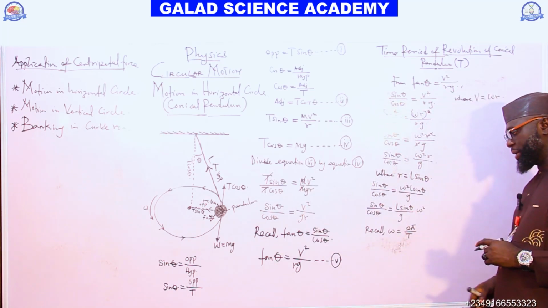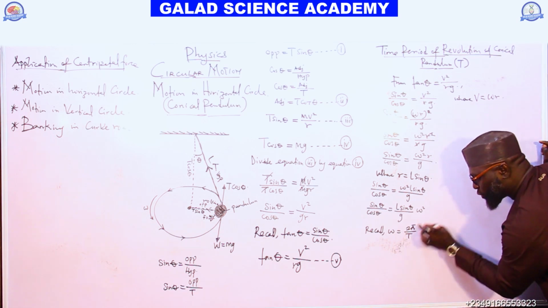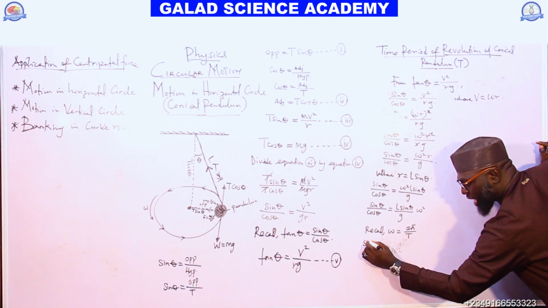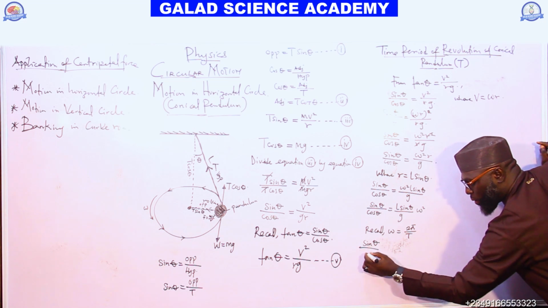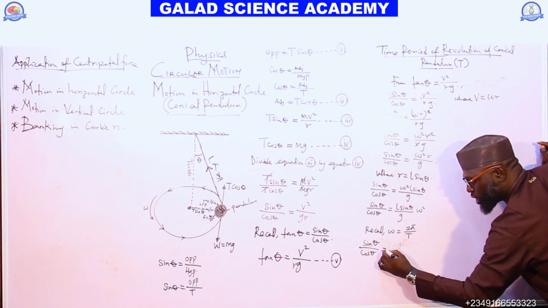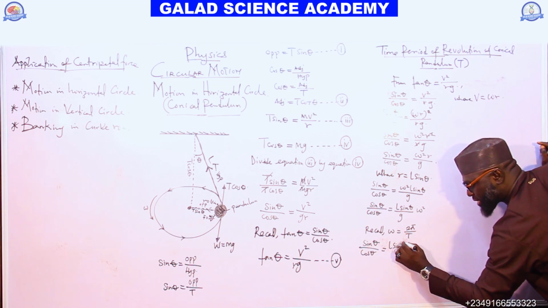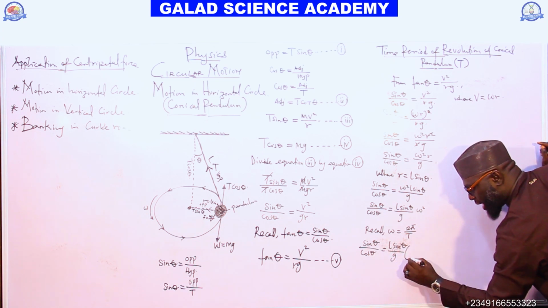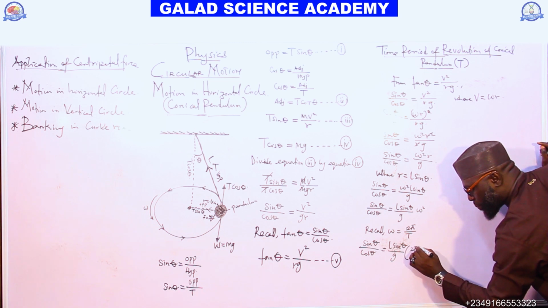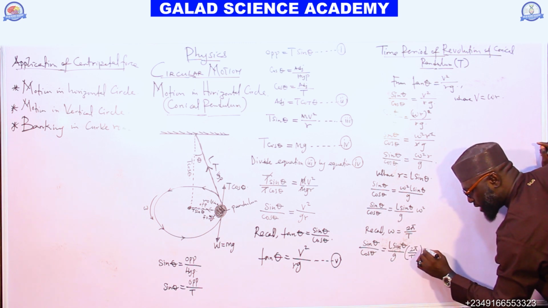Check it, you see it there. So you will now substitute for the omega here. You will have sine theta over cos theta equal to L sine theta over G, where omega is 2 pi over T, squared.